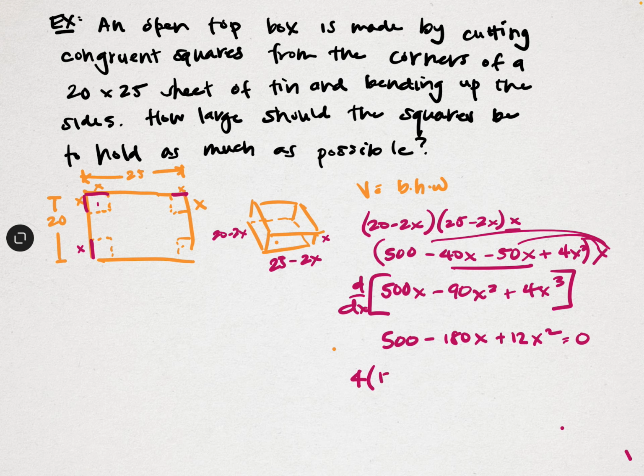This is going to be 125 minus 180 divided by 4 is 45, and then 12 divided by 4 is 3. Okay, is this factorable? Is there something that multiplies to get 3 times 125 is 375 and adds to get 45?